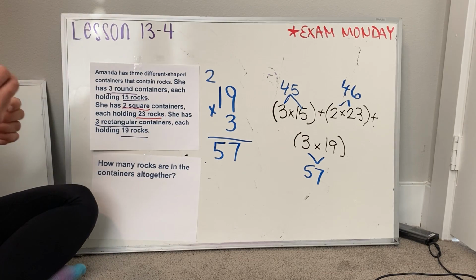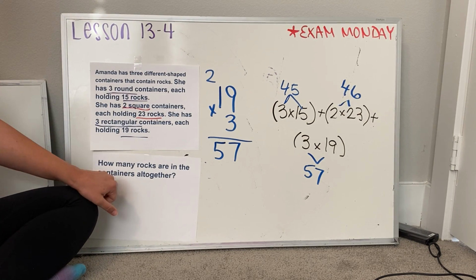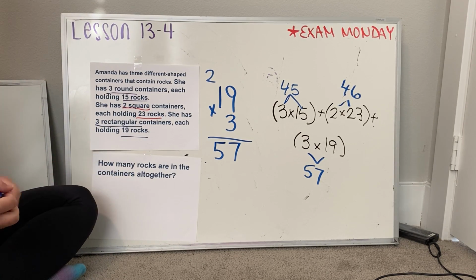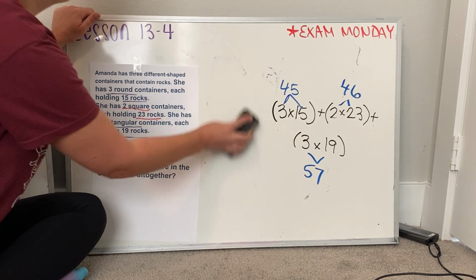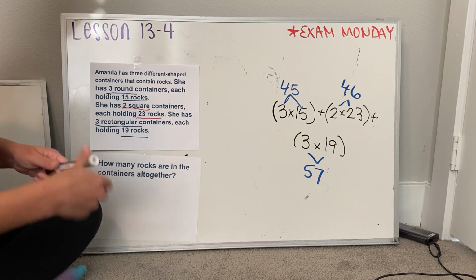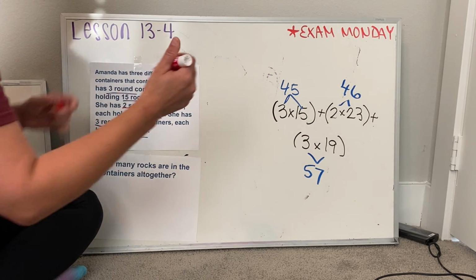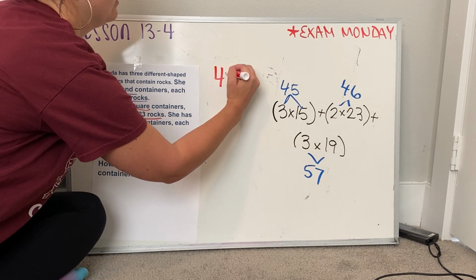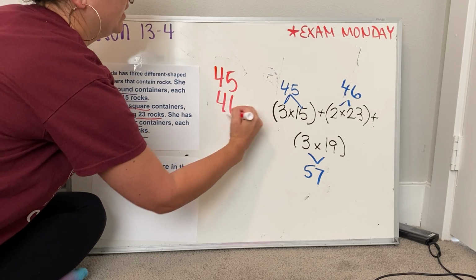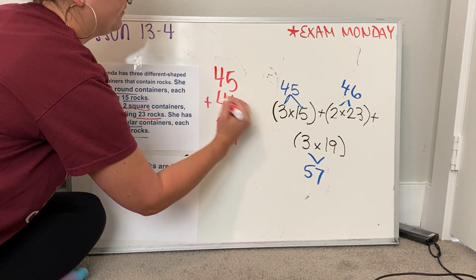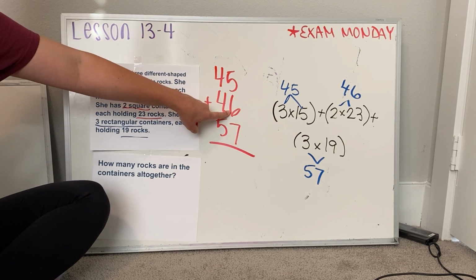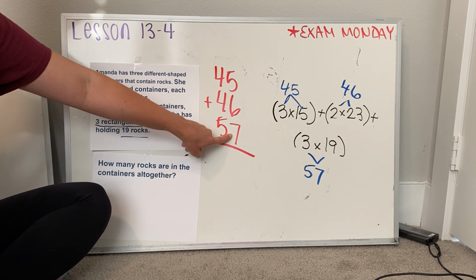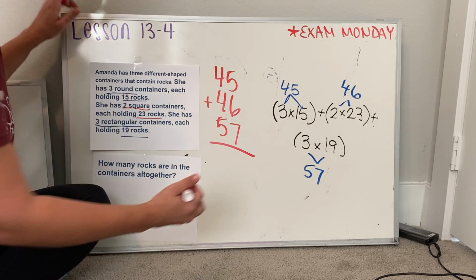And then again, if I was trying to find how many rocks are in the containers all together, I now need to add all of those up to find my final answer. So 45 plus 46 plus 57. I know 5 plus 6 is 11, plus 7 is 18.